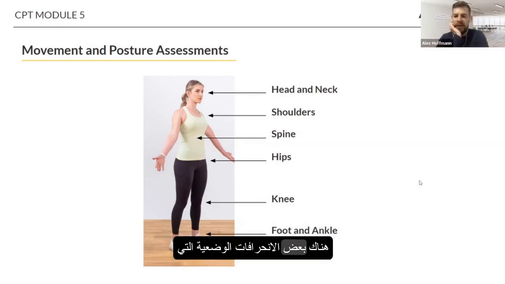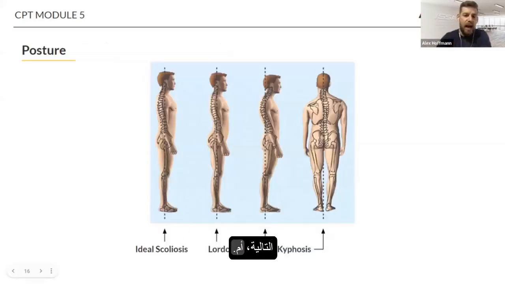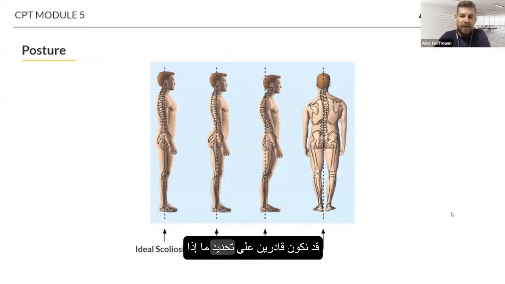So some postural deviations that we can identify when a client's standing just in a neutral position here, as we click on over to that next slide. We may be able to determine if a client has lordosis, which is excessive inward curvature of the lumbar spine.